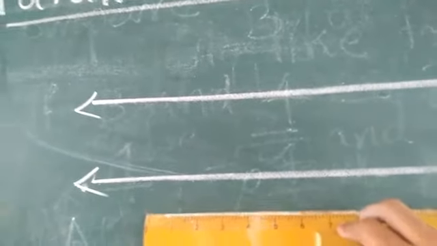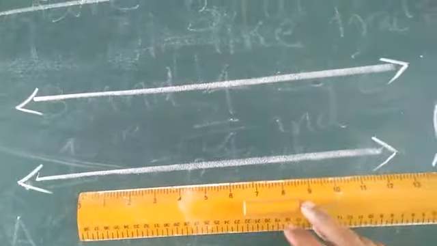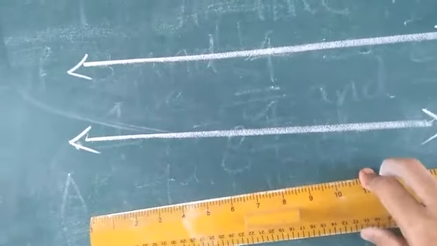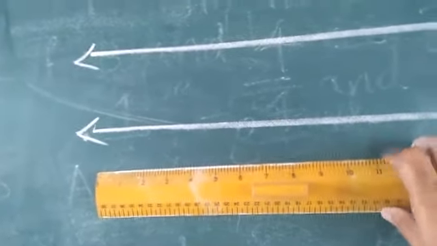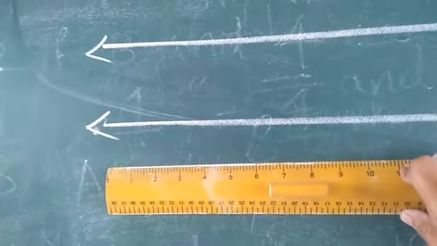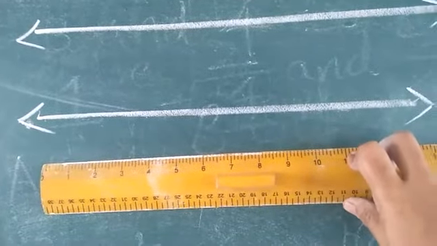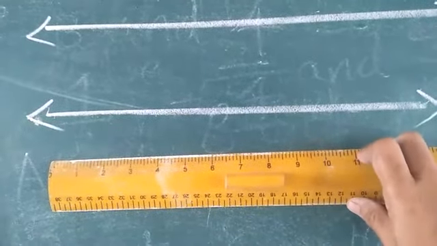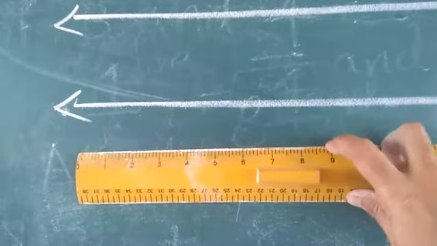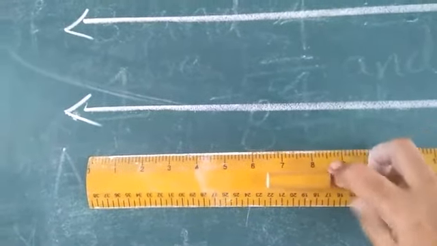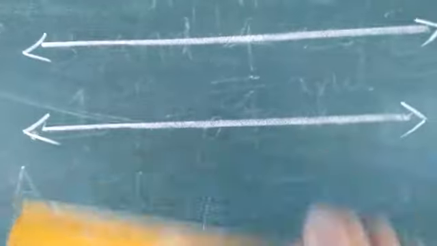Moreover, you can see the edges of this ruler. These two sides are parallel. They are not meeting anywhere. So these two edges are like lines and they never meet at any point. So we can say these two edges are parallel to each other.